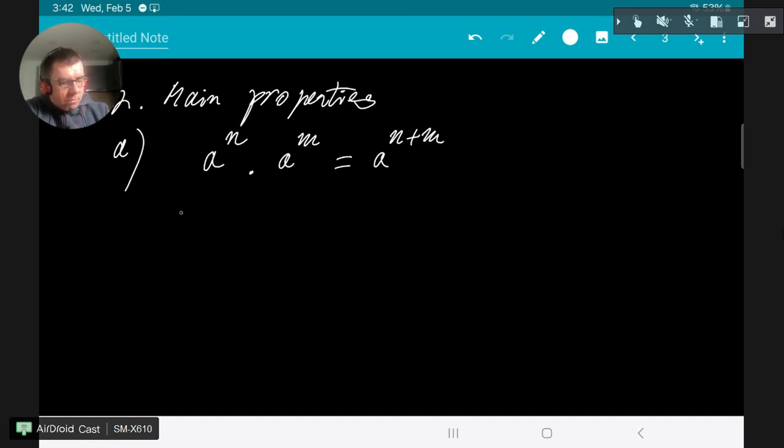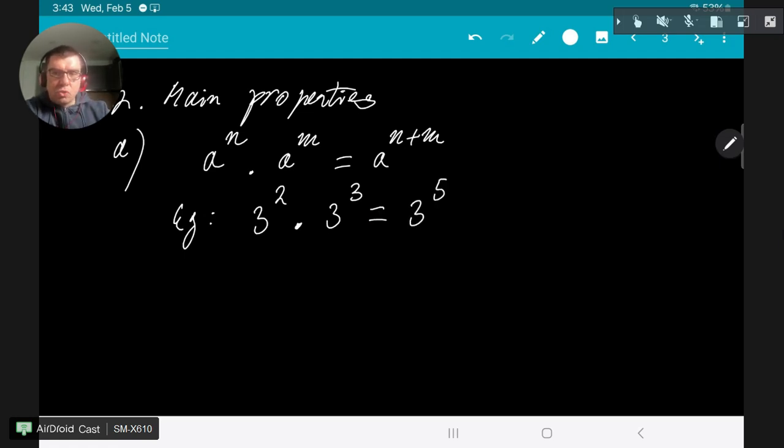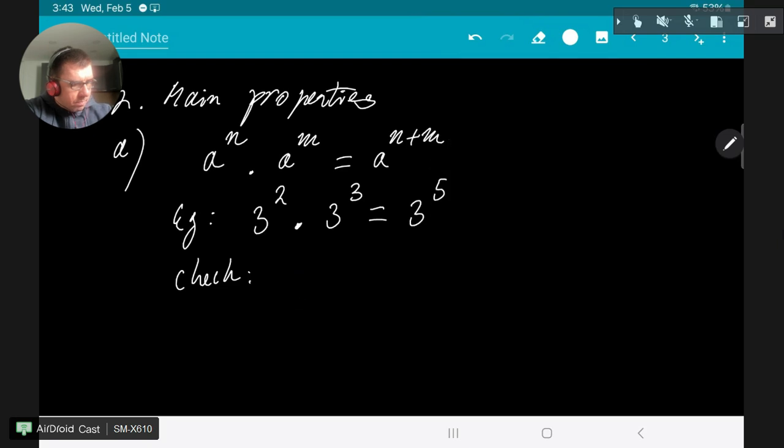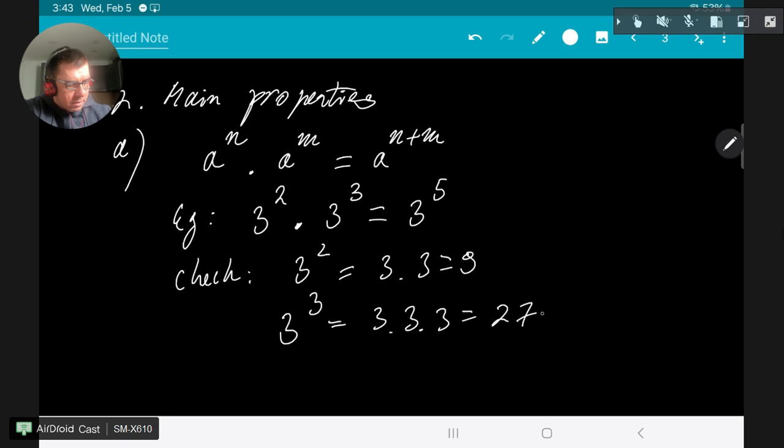So for instance, if I have 3 to the power of 2 times 3 to the power of 3, this will give me 3 to the power of 5. I just add the exponents. 2 plus 3 equals 5. And you can make a check. 3 to the power of 2 is 3 times 3, which is 9. 3 to the power of 3 is 3 times 3 times 3, which is 27.